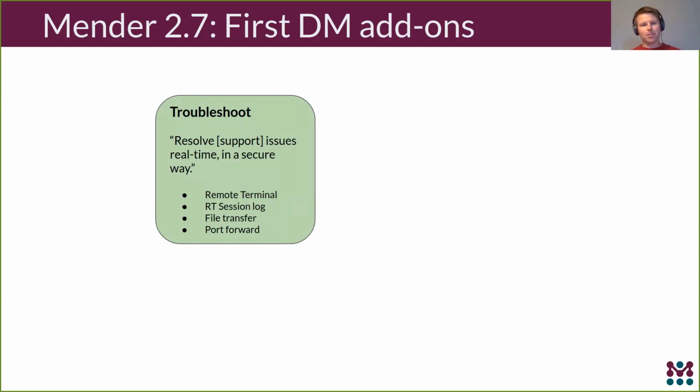So the package name should be quite descriptive that way. The features it contains are a remote terminal, a session log for the remote terminal, file transfer, and port forwarding. We'll cover those in more detail in the next few minutes.